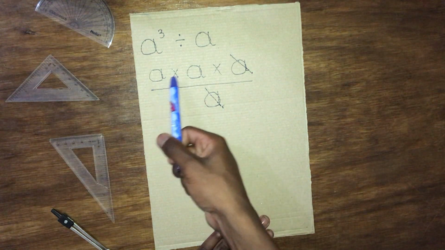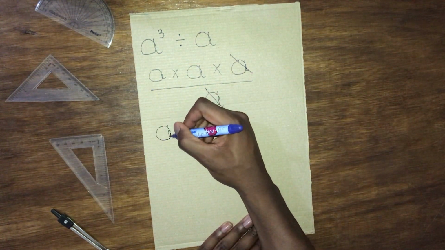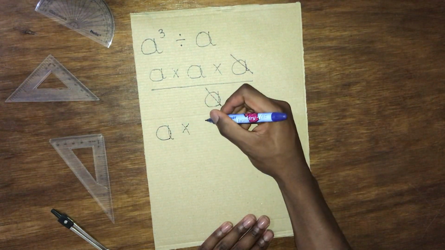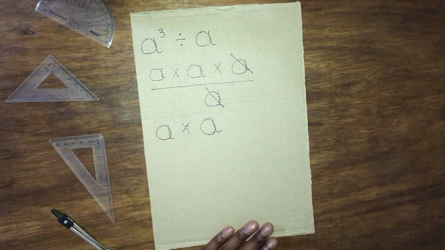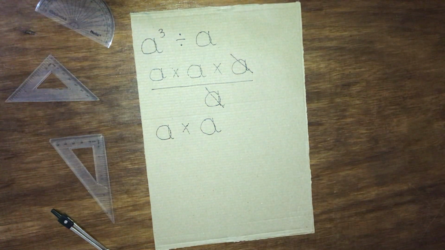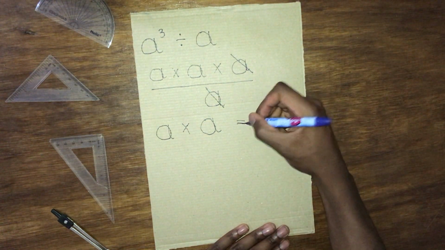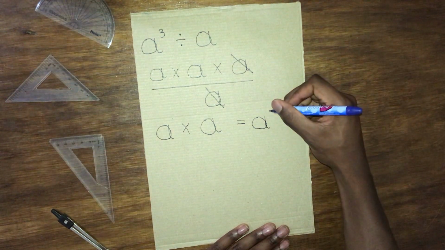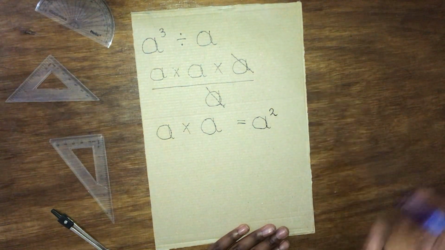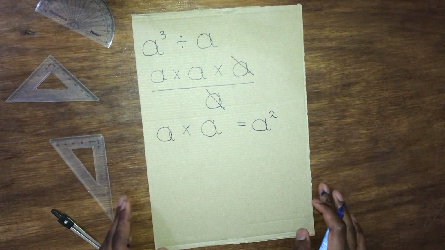What does this leave us with? This leaves us with A times A. And as we covered earlier in multiplication, what does this give us? This indeed does give us A squared. I hope that makes it much clearer for you.